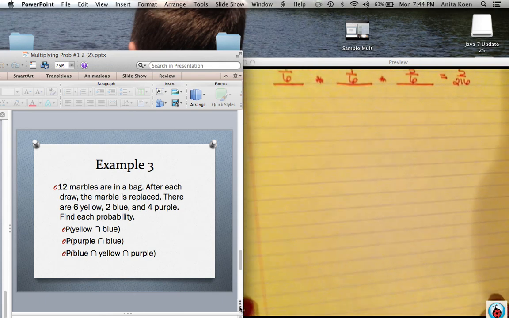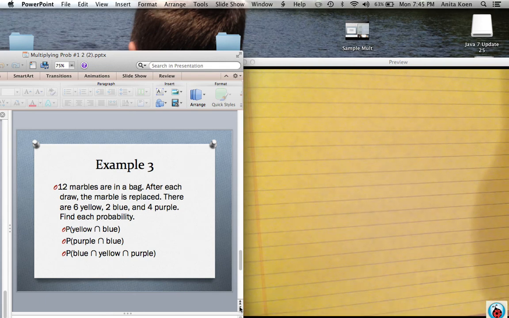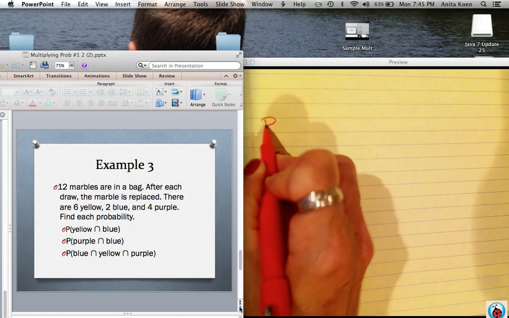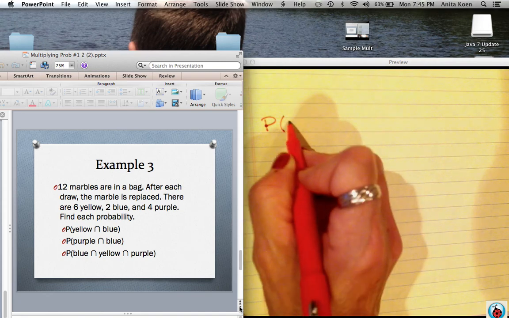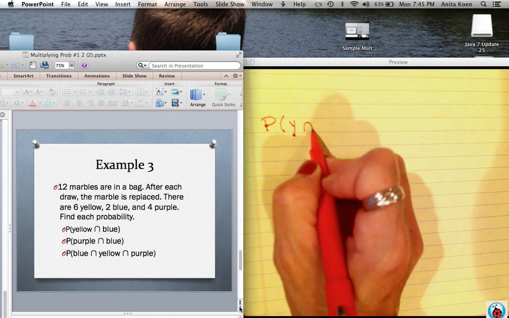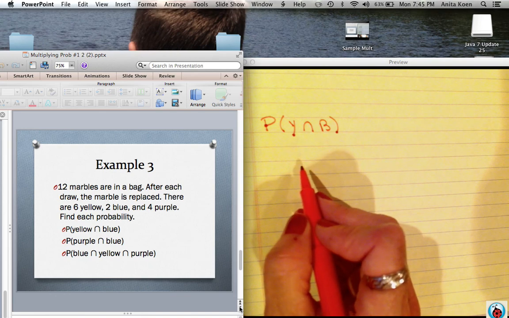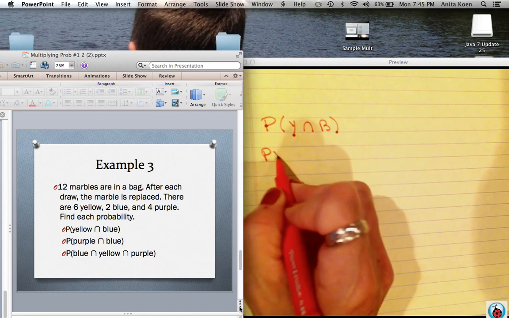Example 3. 12 marbles are in a bag. After each draw, the marble is replaced. There are 6 yellow, 2 blue, and 4 purple marbles. Find each probability. So we want to find the probability that we will pick a yellow and a blue. Well, the first thing that we need to do here is find the probability of a yellow.